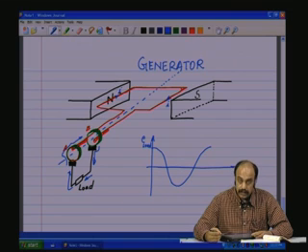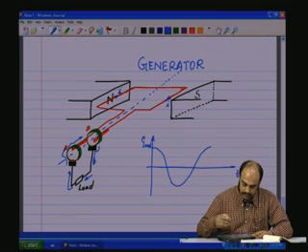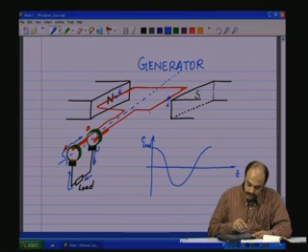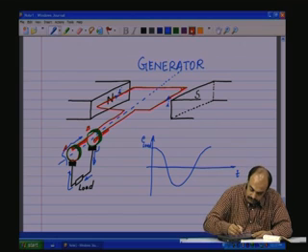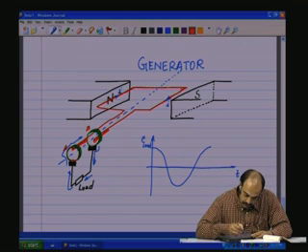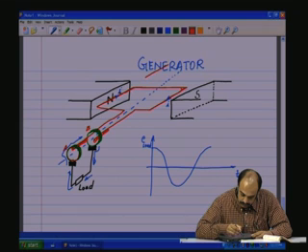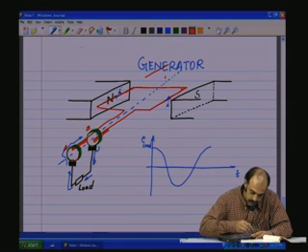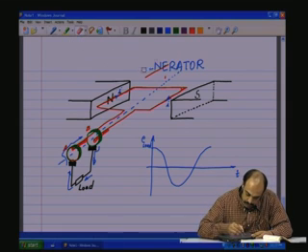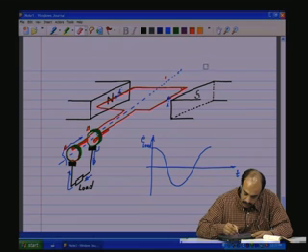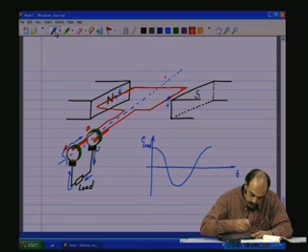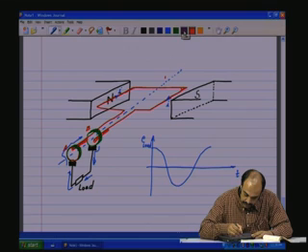So, when the flux is in this position, like this, let me remove all these things, so it is easier for you to follow. Now, I will show it in a different color.